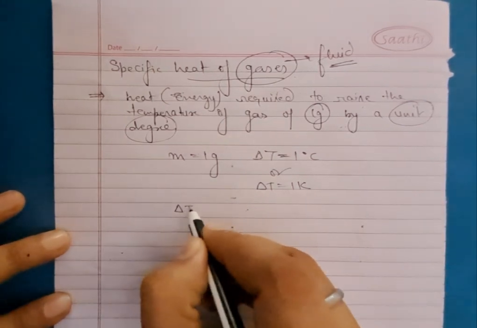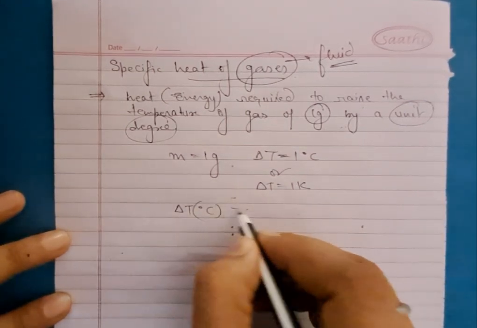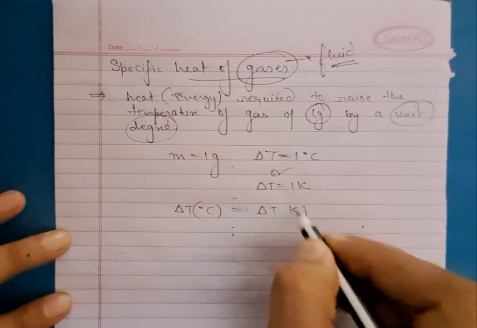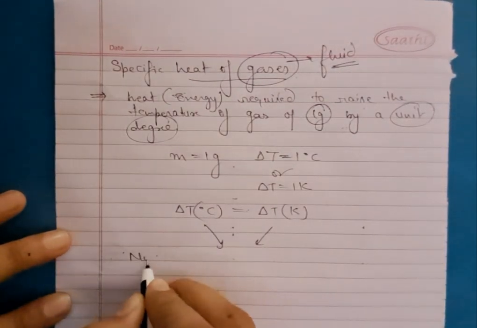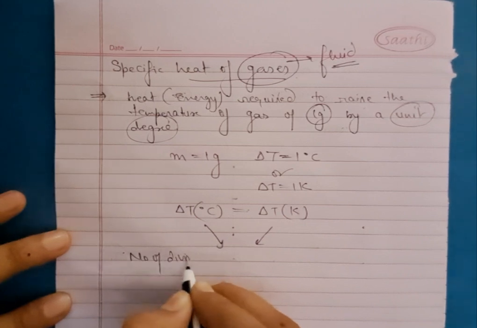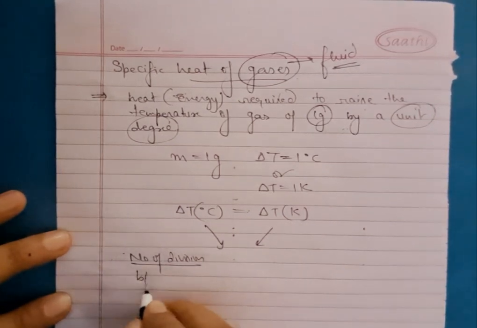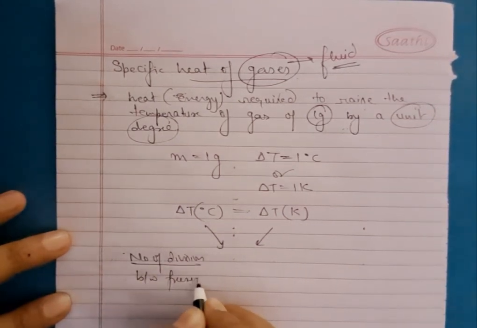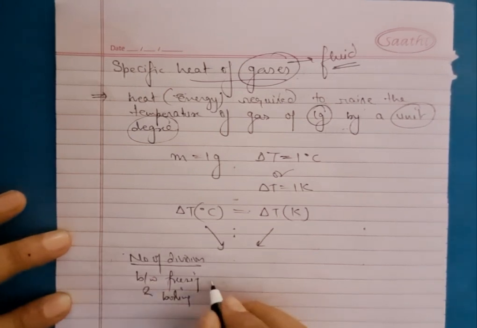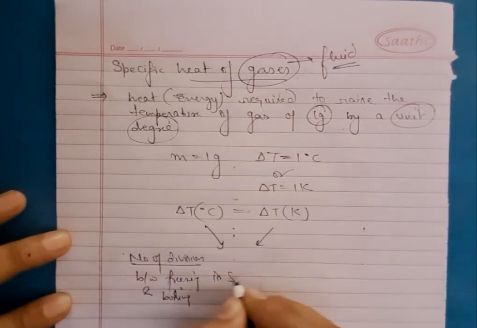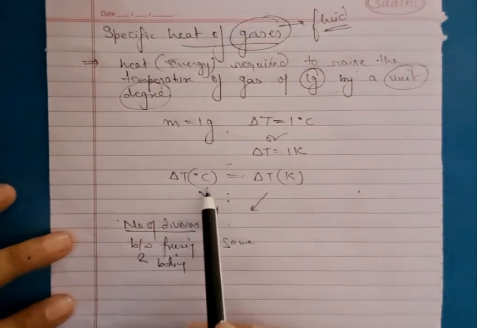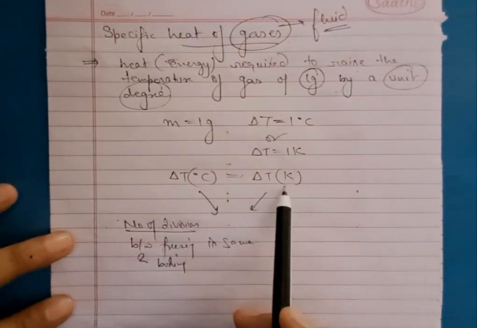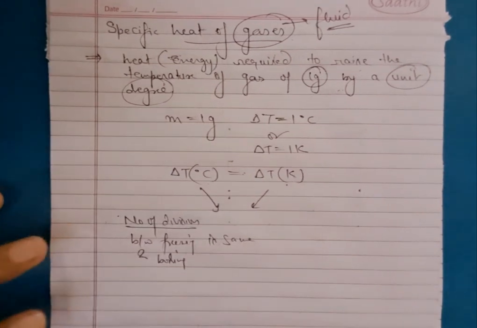Because delta T in degree Celsius is equal to delta T in Kelvin, since the number of divisions between the freezing and boiling points is the same. Whatever the changes in the Celsius scale, they will be equal in the Kelvin scale.